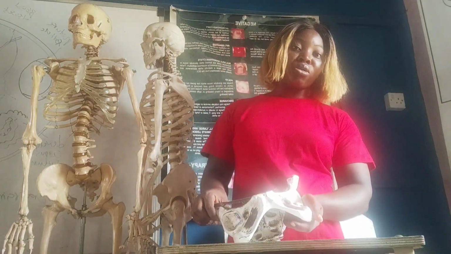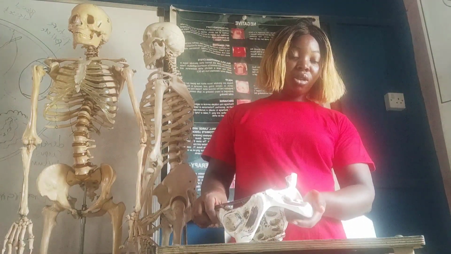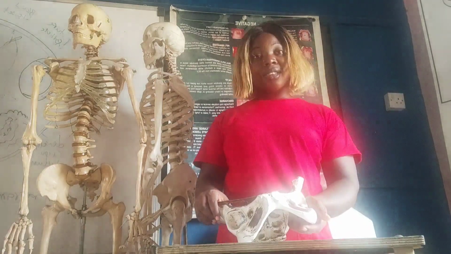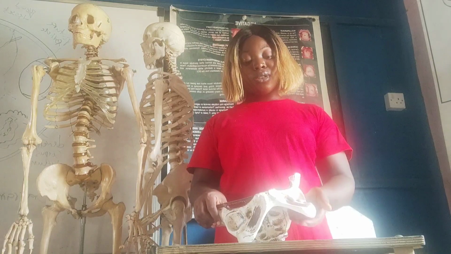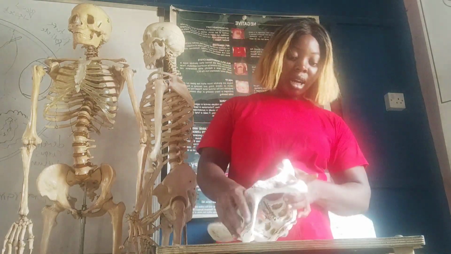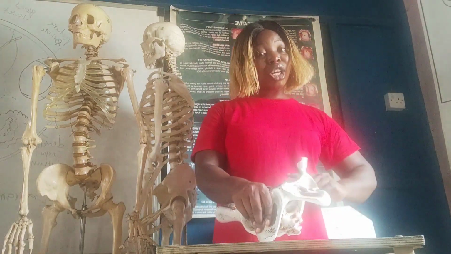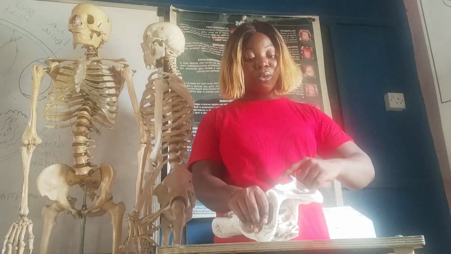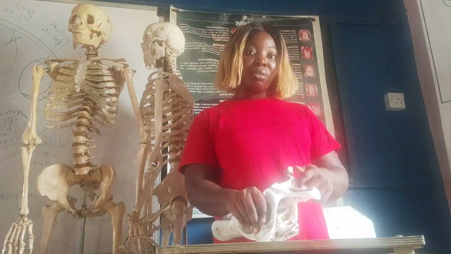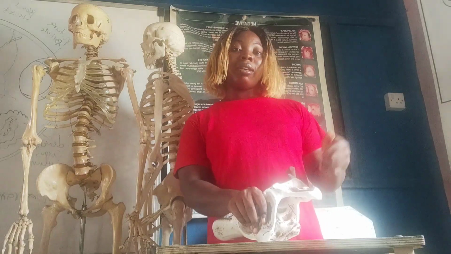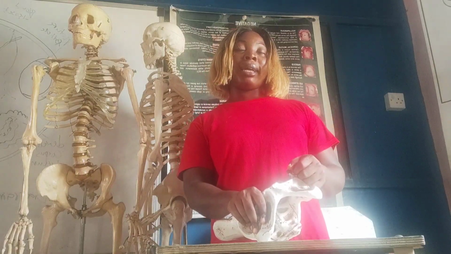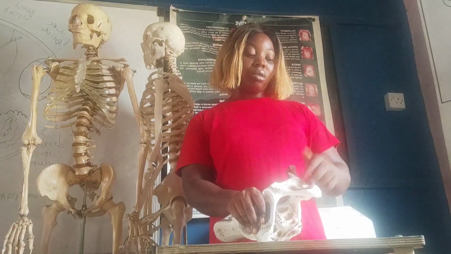So we go to the ischium now. The ischium is the thickest, lowest part of this innominate bone, and the ilium is made up of 2/5 of this acetabulum. The acetabulum is where the femur head is attached.